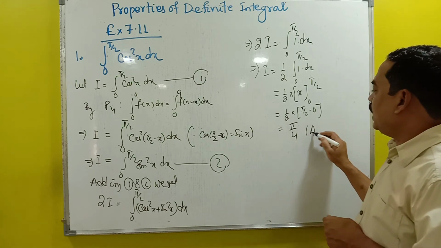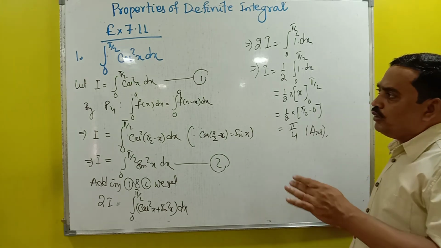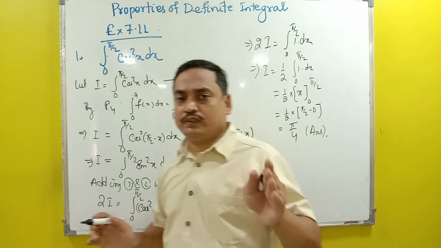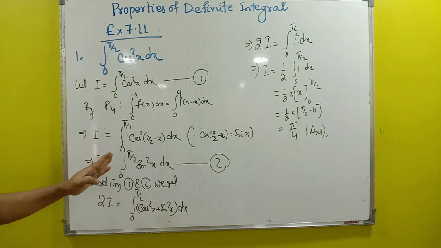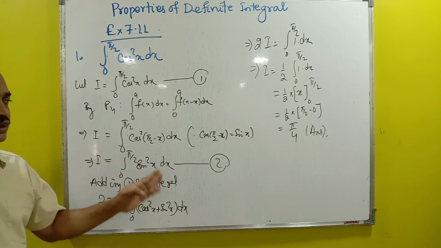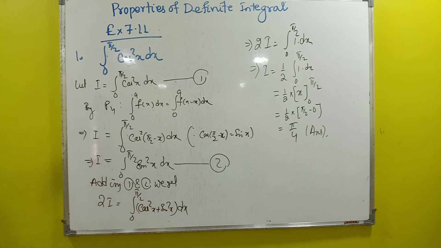This is your answer. So now, understood this question, we have solved it using a property of definite integral. Please note it down. Next we will solve another question to understand it in a better way.